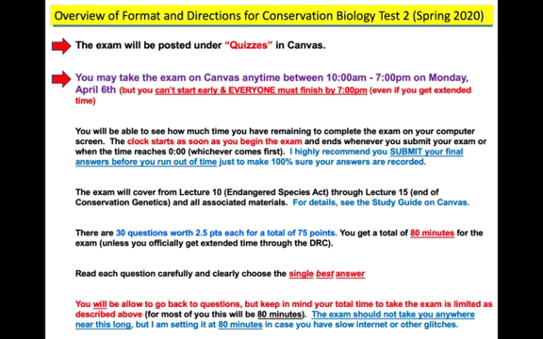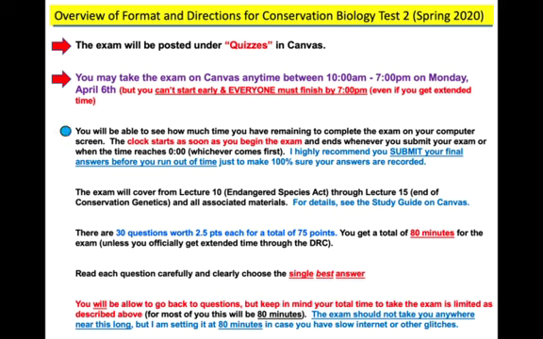But just keep in mind that you can't start before 10 and you can't finish after 7. If 7 o'clock hits and you're still working on it, it's just going to stop you, and whatever you have completed at that point in time will be what is submitted.